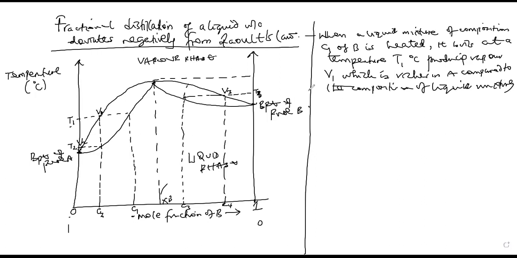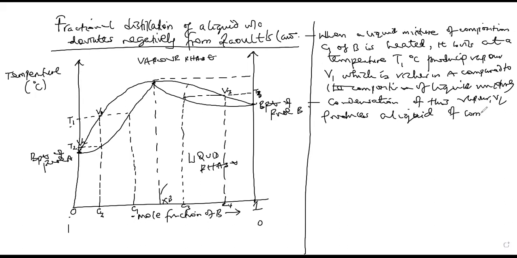Then we say that another bullet is condensation of this vapor, V1, produces a liquid of composition C2, which is similar to that of vapor V1.